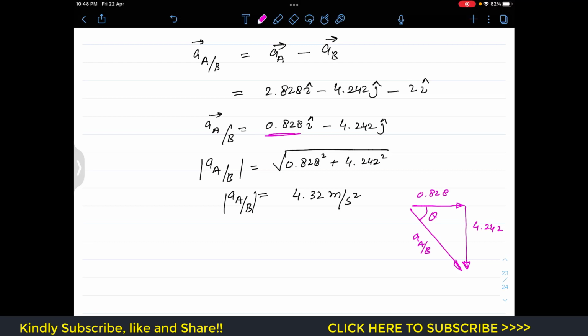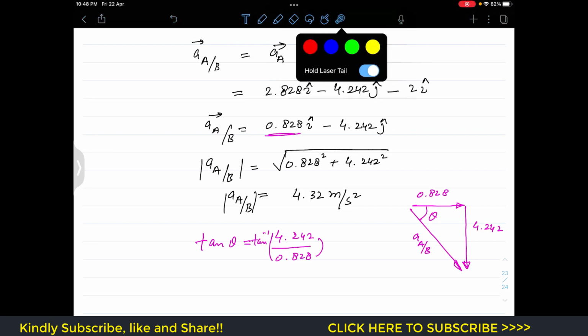Now we can find this angle theta. So this is the angle of the acceleration of A with respect to B with the positive x-axis. So we can find theta by applying tan theta. So tan theta will be equal to 4.242 divided by 0.828, and if we take tan inverse, that will give us the theta angle.